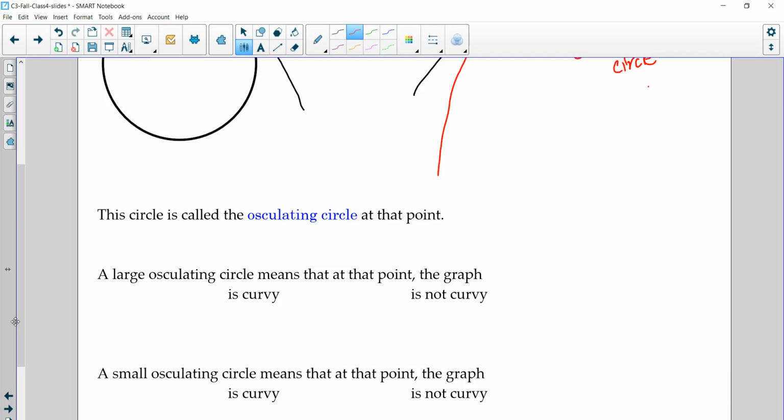In the first one, if we have a large osculating circle, that should mean that the graph is actually not curvy. Because if we have a large radius, that means the curvature is really small. Okay. Conversely, if we have a small osculating circle, that means the radius is small, meaning the curvature is high, so we have that it is curvy.